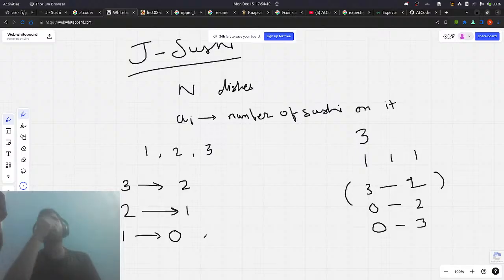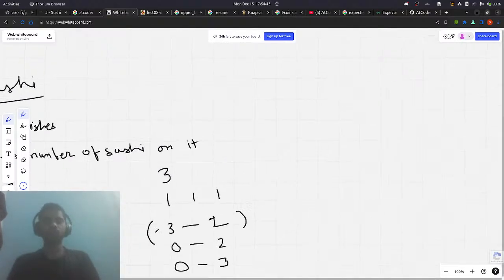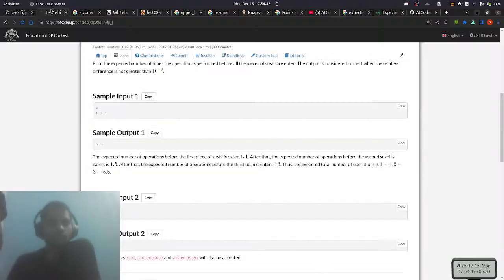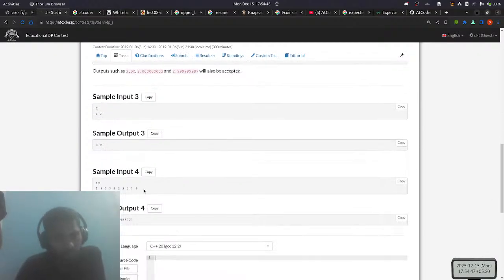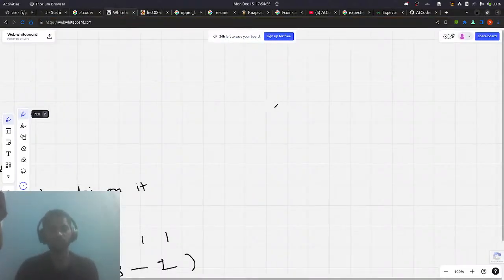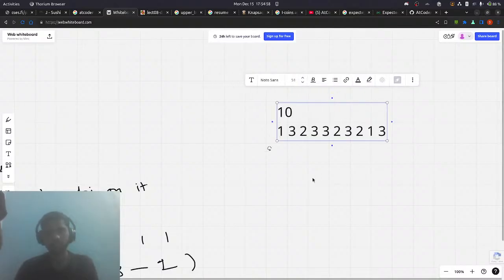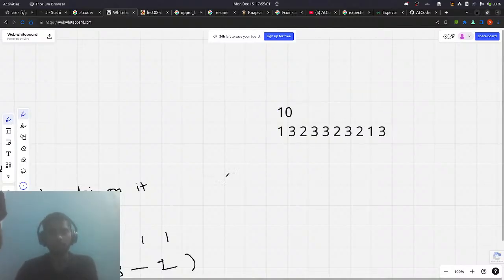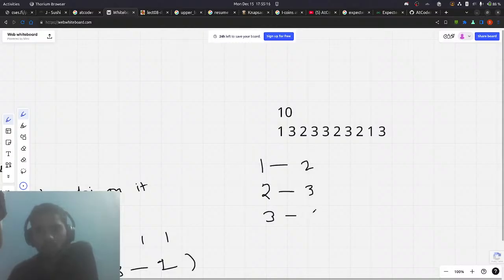So for example, let me take another example. Okay, this one. Here we have one plate with one sushi, two plates with two sushi, 3 plates with 3 sushi, 5 plates.